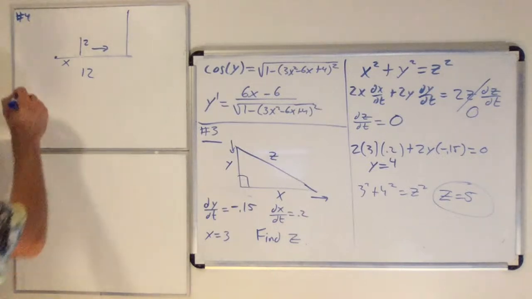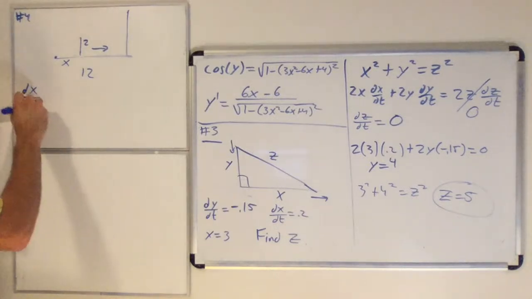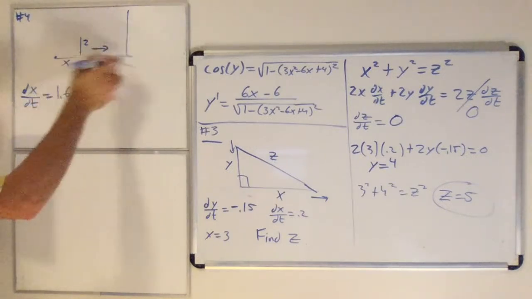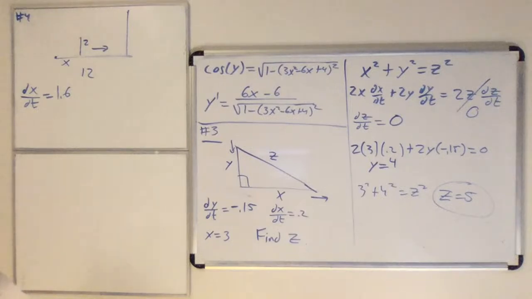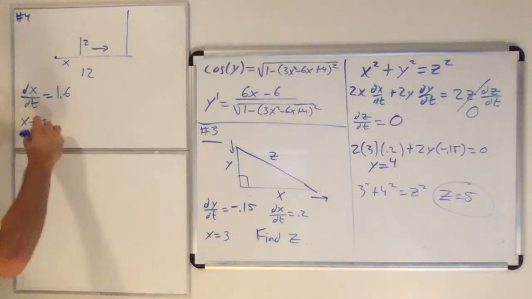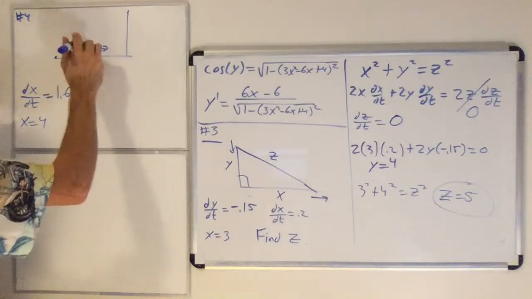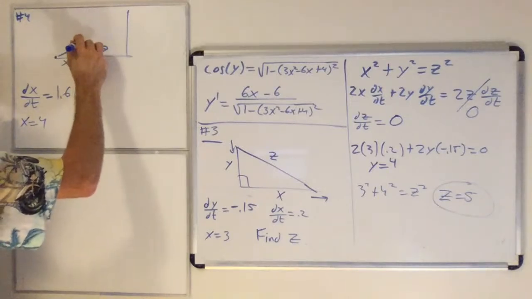He's walking at a rate of 1.6, and X is increasing, so it's going to be positive. The question is, how fast is the length of his shadow on the building decreasing when X equals 4? So let's call this, okay, I'm changing the picture a little bit.